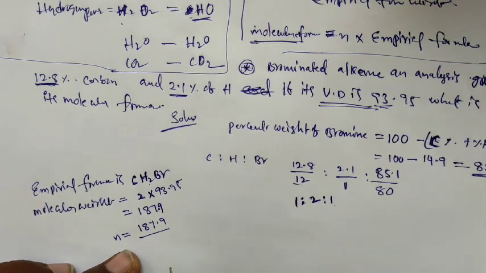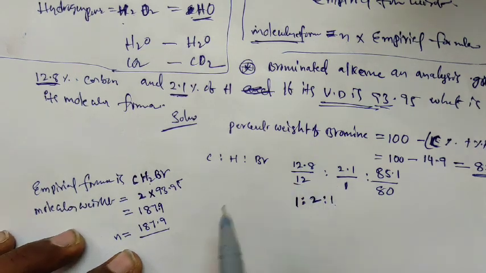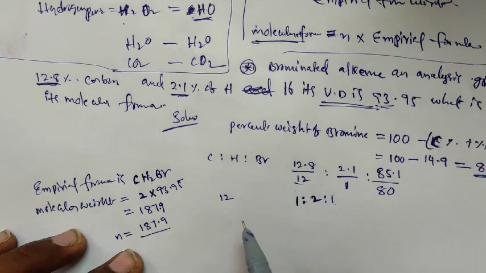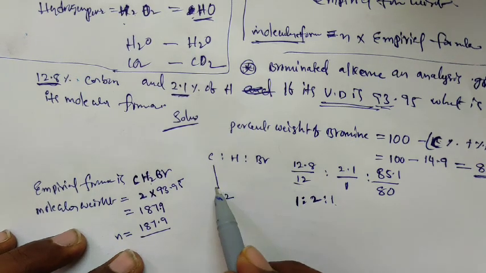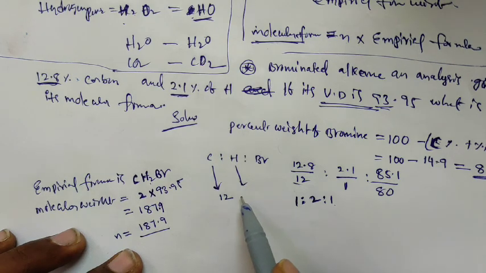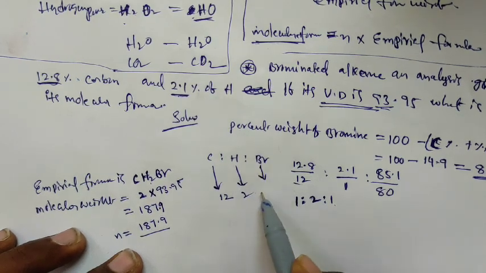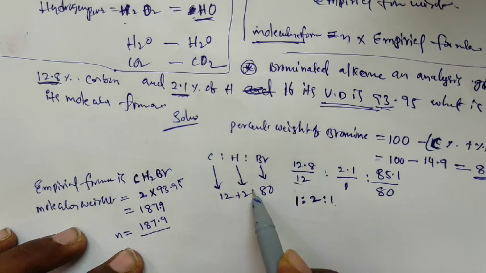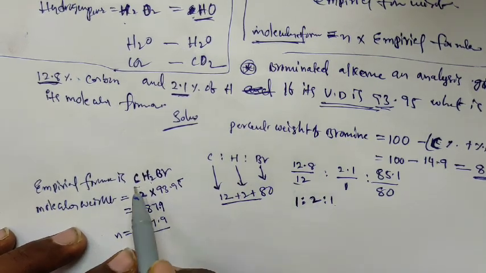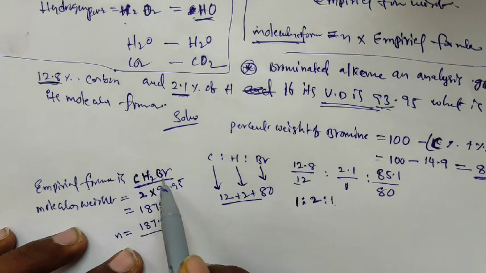Empirical formula mass, how much? Already we know that: 1 atom carbon, 2 atoms hydrogen, 1 atom bromine 80. So we can calculate this: empirical formula CH2Br.